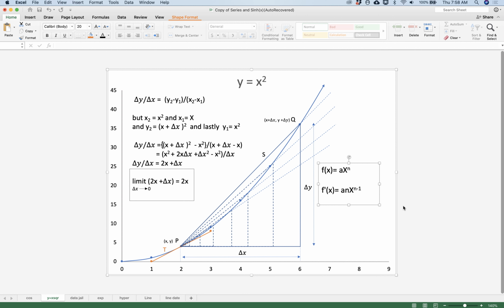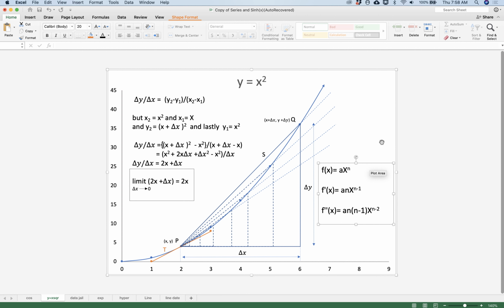And if we wanted to do double prime, let's say 2 derivatives, we would have, according to this rule, f double prime, with a times n times n minus 1 and x to the n minus 2.